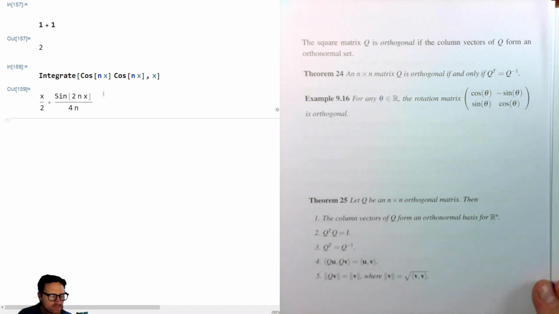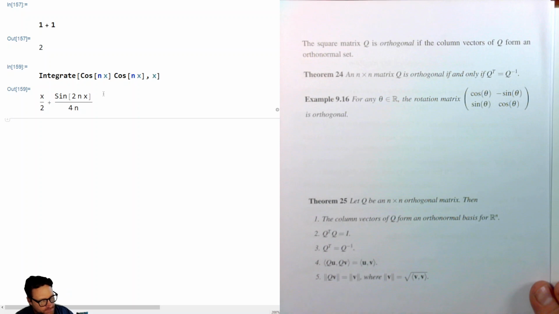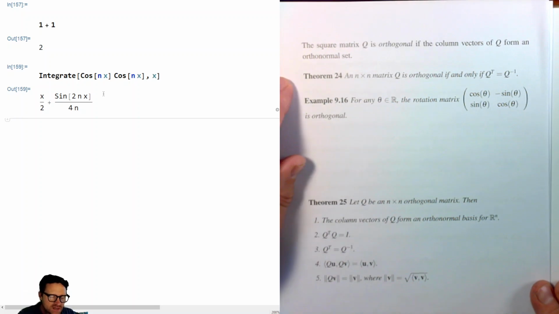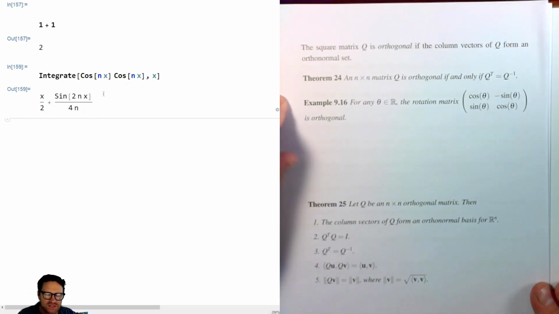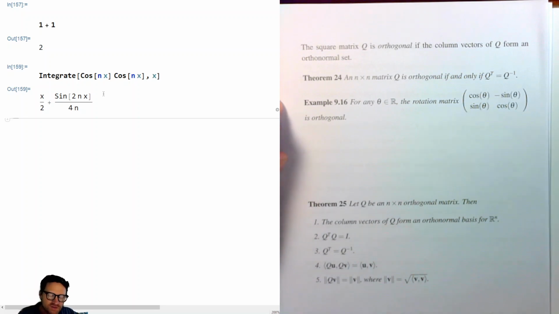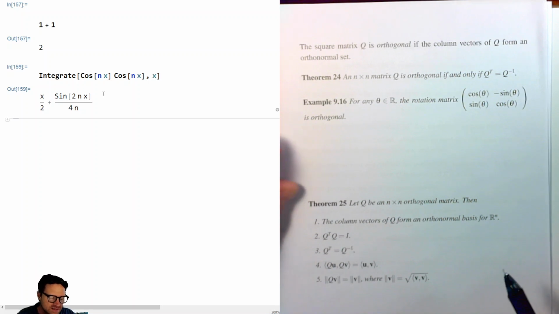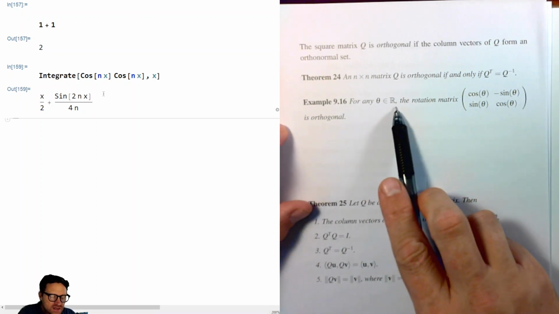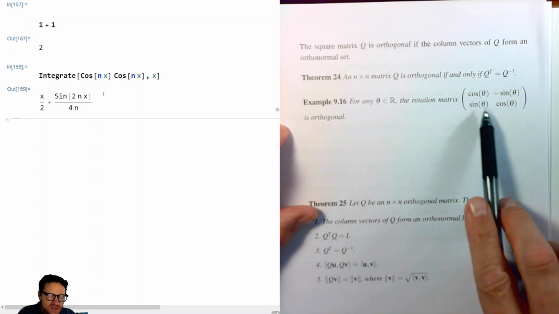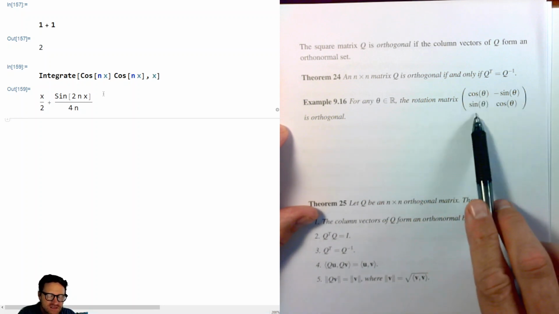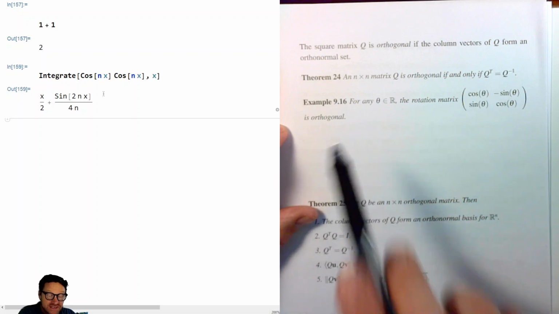Then it should be 1. Okay, theorem. An n by n matrix Q is orthogonal if and only if the inverse of Q is the transpose of Q. So let's have a look at example 9.16. For any theta in the set of real numbers, the rotation matrix cos theta, minus sine theta, sine theta, cos theta is orthogonal.